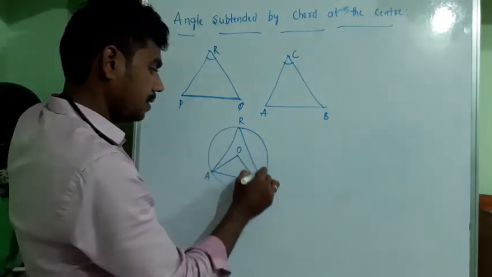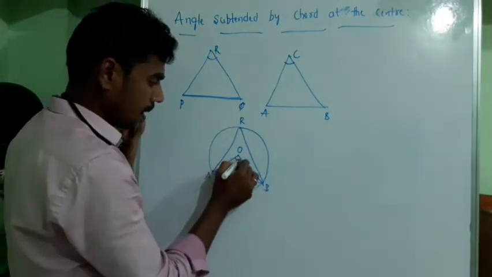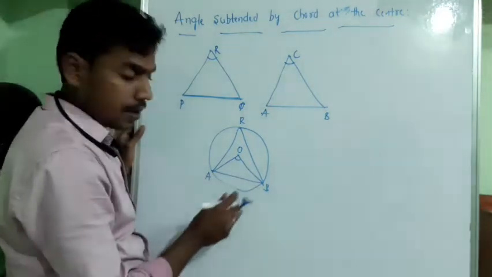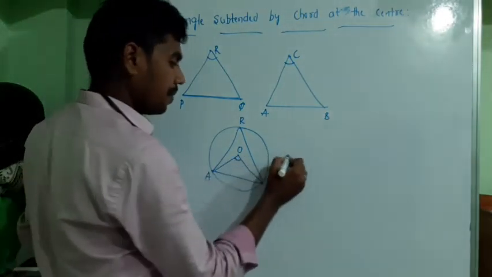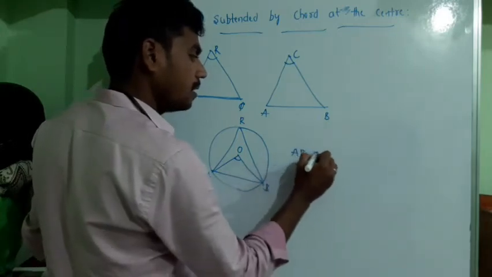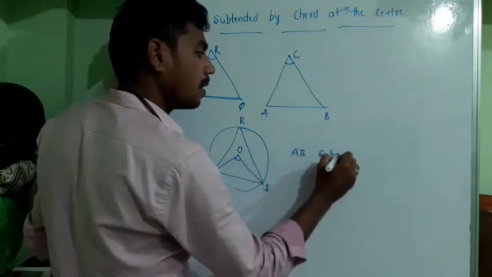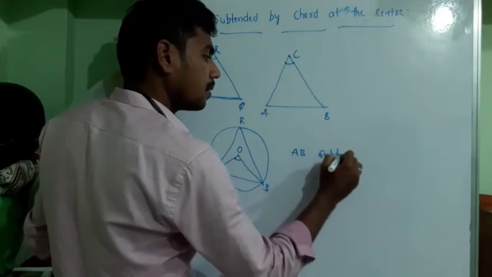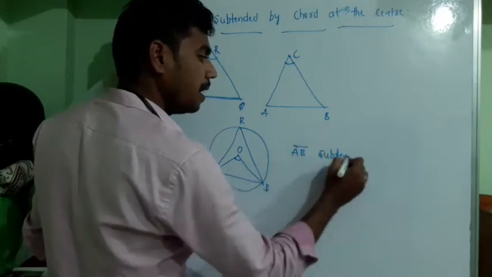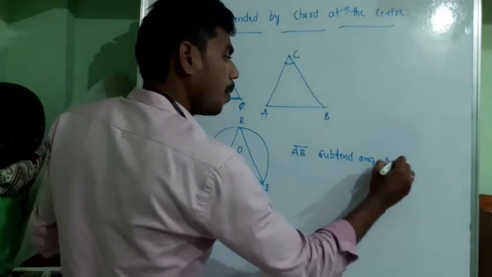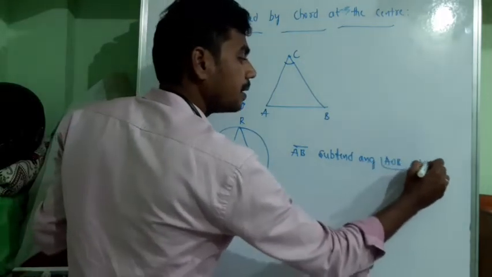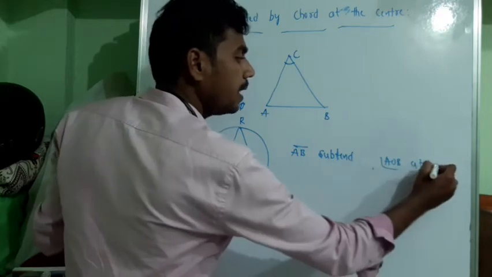If I join this, AB is a chord. Chord AB subtends angle AOB at the center O.